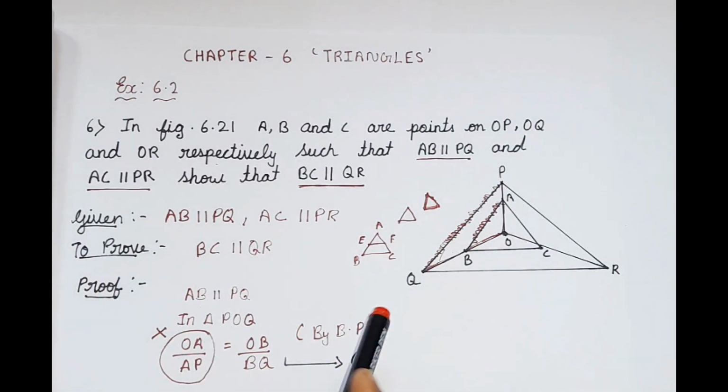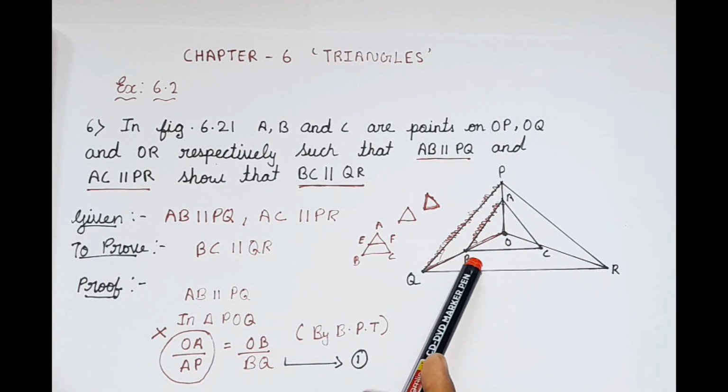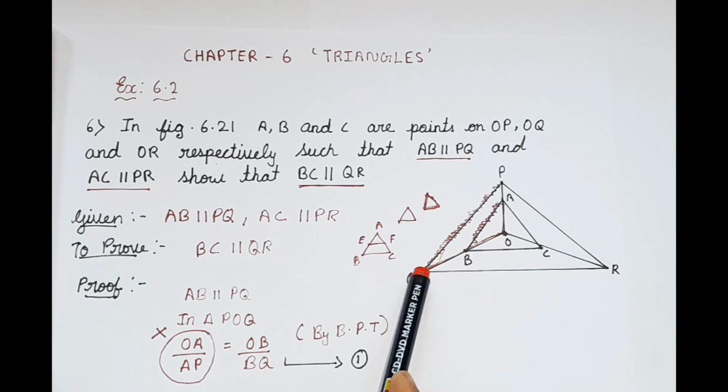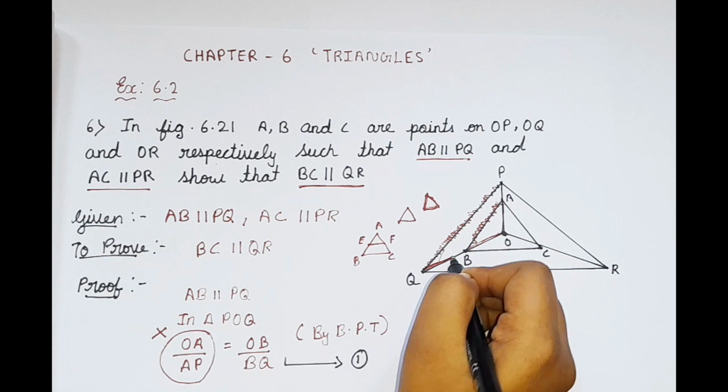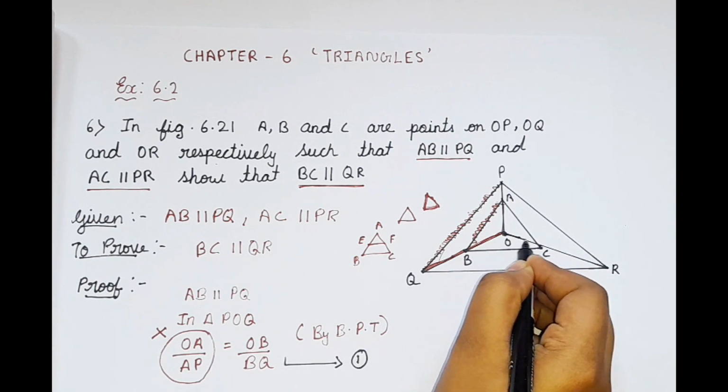According to the triangle, OB is right over here, and BQ is right over here, and OC is right over here, and CR is right over here. It is in triangle QOR.